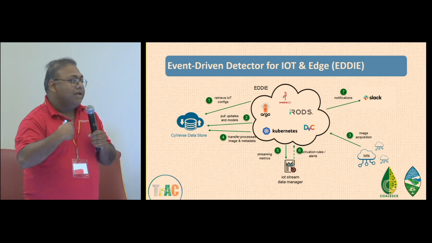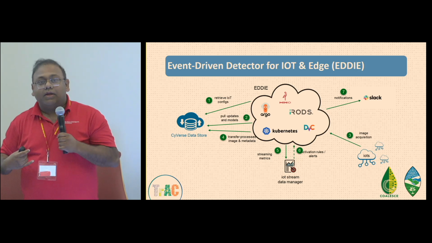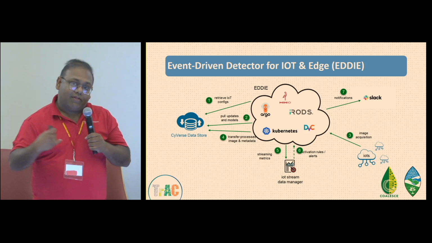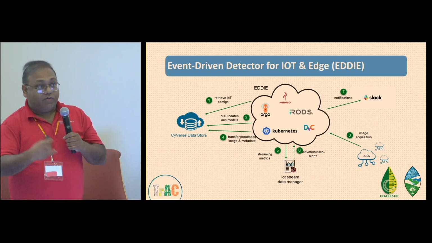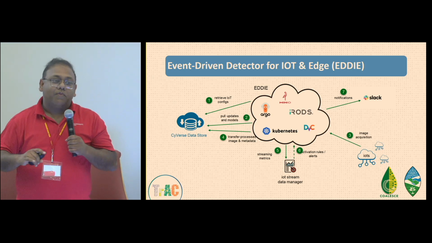These robots can, in a completely automated way, call and fetch new models and then send back the raw data as well as the metadata that it's collecting.